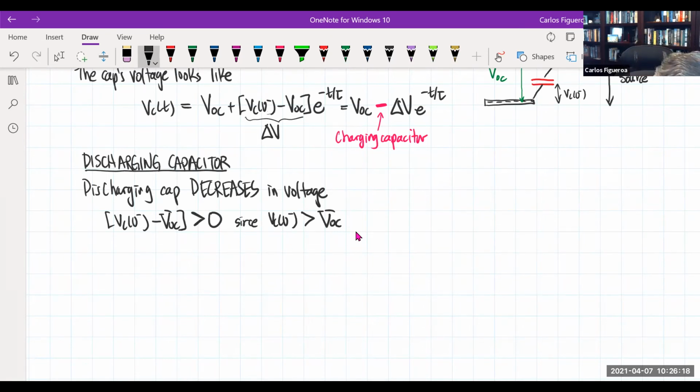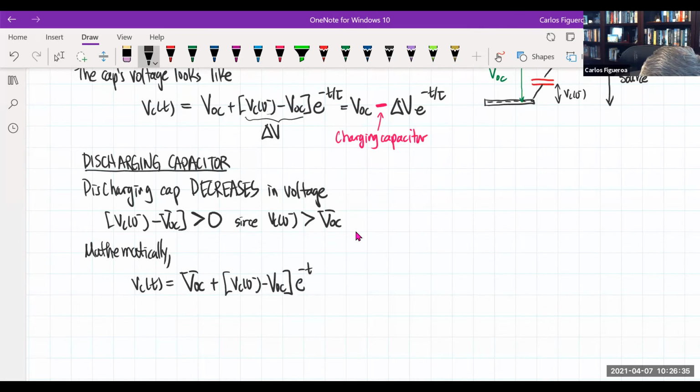So look at the solution here. Mathematically, what you're seeing is that the voltage of my cap is going to be VOC plus VC like this. So now if I put it into the language that I've been using, this should be VOC, but this time, instead of a minus, I'm going to get a plus sign right there.